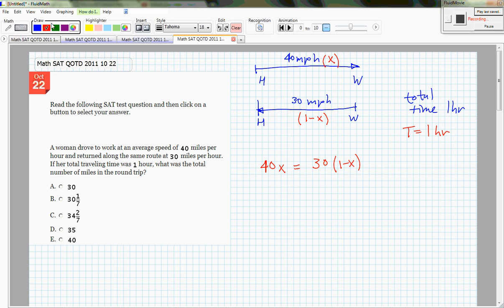This is the distance to work, and this is the distance home, where distance equals speed times time.